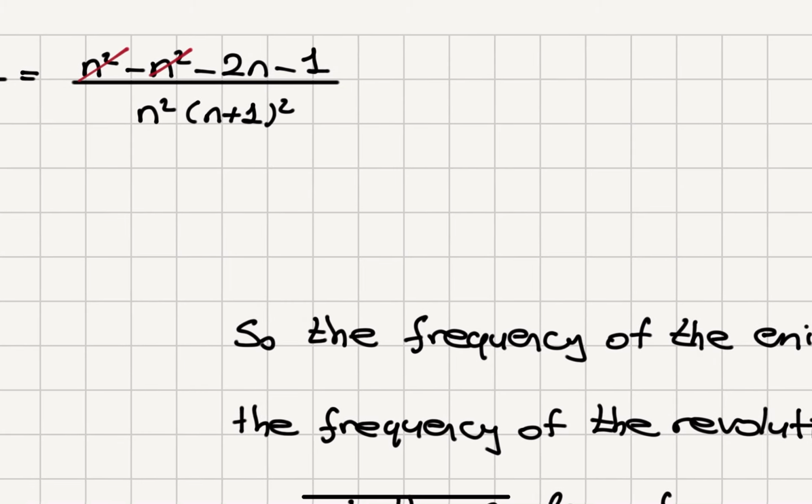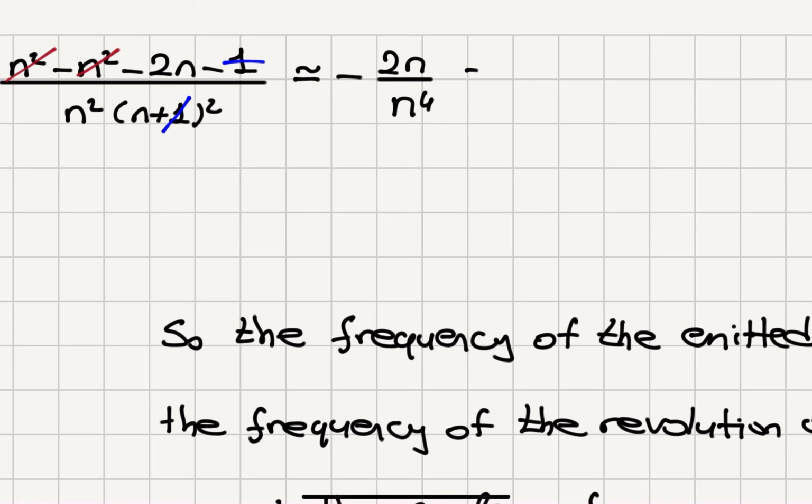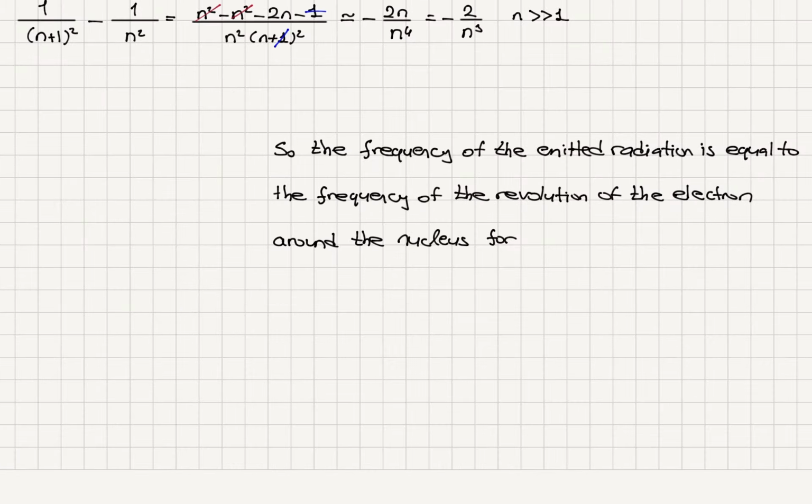And since n is much greater than 1, this 1 will be neglected as well. So we can say this is approximately minus 2n divided by n to the fourth power. Why? Because this 1 can be neglected compared to n as well. So this can be written as minus 2 divided by n³ for n much greater than 1, and 2n is also much greater than 1.